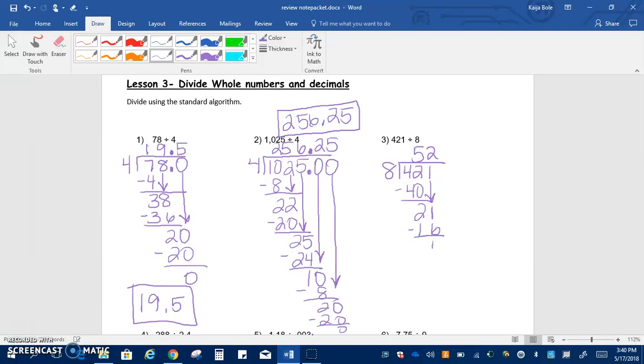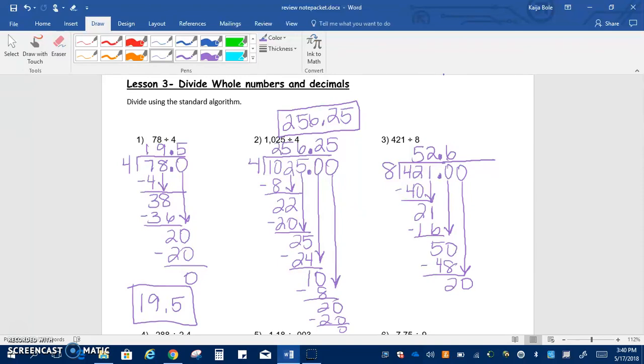I'm left with 5. I have no numbers left though, so I need to put in a decimal. Bring it straight up, add a 0, and bring that down. How many groups of 8 go into 50? That would be 6 groups of 8. 6 times 8 is 48, so I subtract 48. I'm left with 2. I need to add another 0. Bring it down.